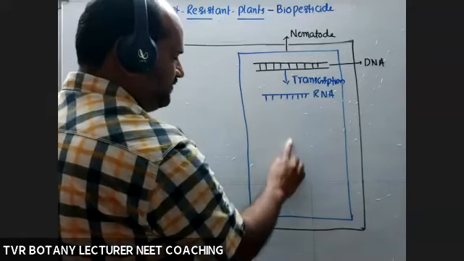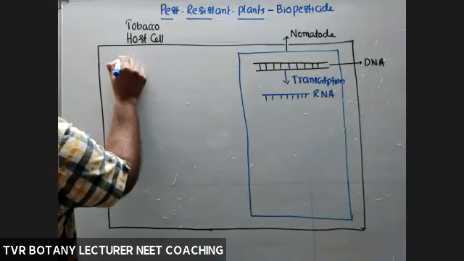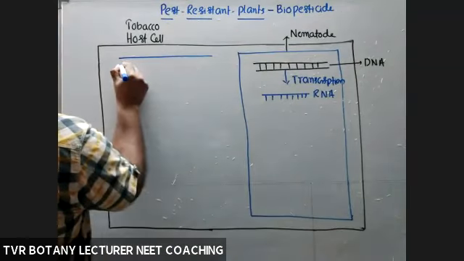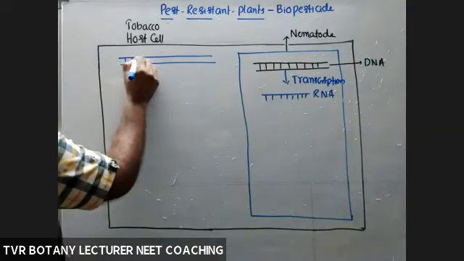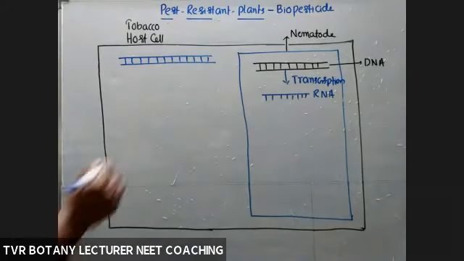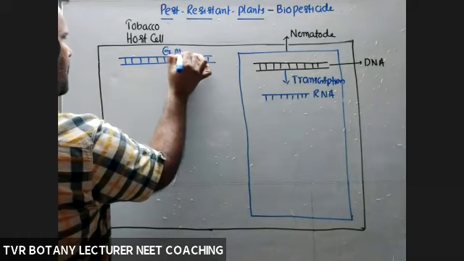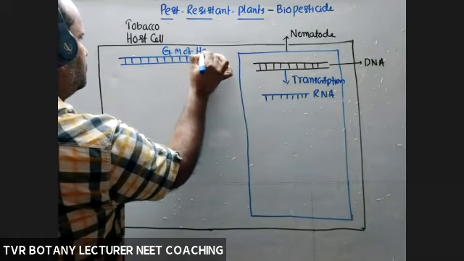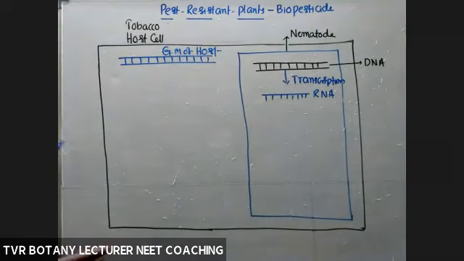If it is silenced, there will be no protein. So this one is a DNA molecule or RNA molecule, double-stranded RNA or DNA. This is the genetic material of the host, that may be DNA or RNA.